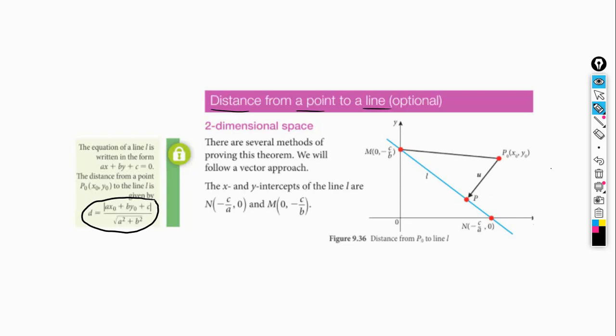So if we have a line written in the form ax plus by plus c equals 0, then the distance between a point P and the line L, which we can see on the graph here, is equal to the absolute value of a times x sub 0 plus b times y sub 0 plus c over the square root of a squared plus b squared.